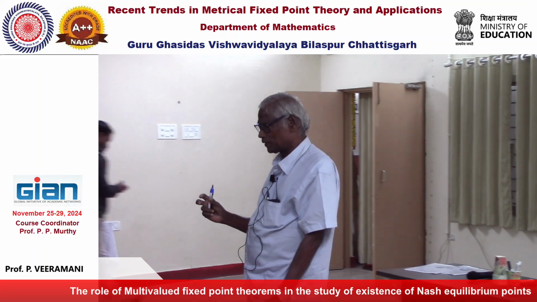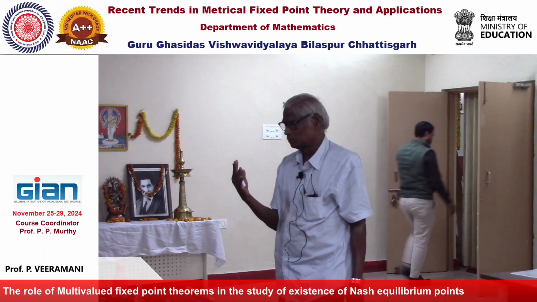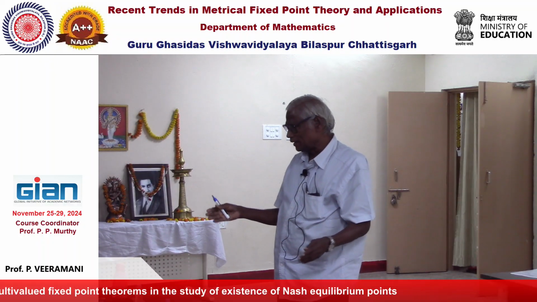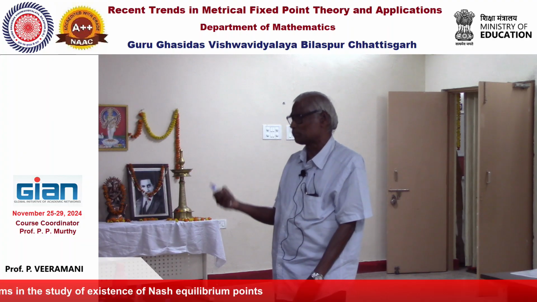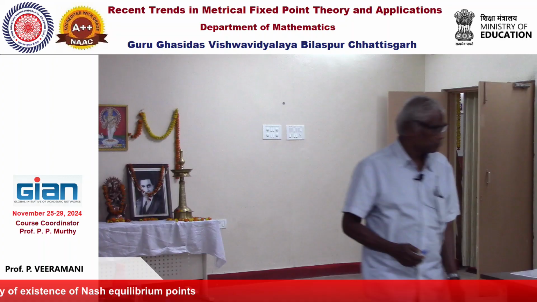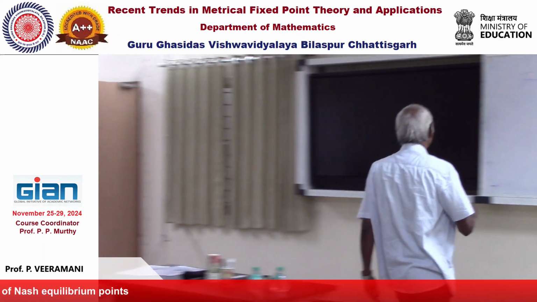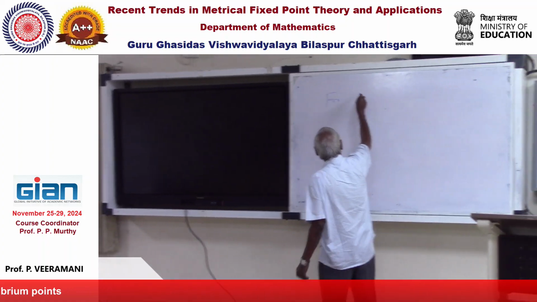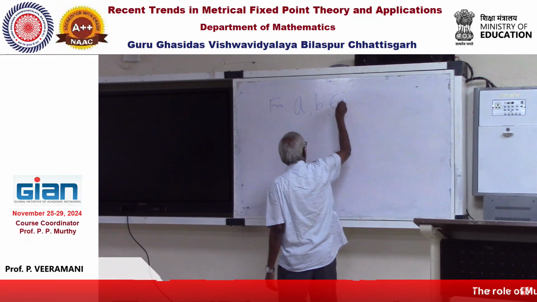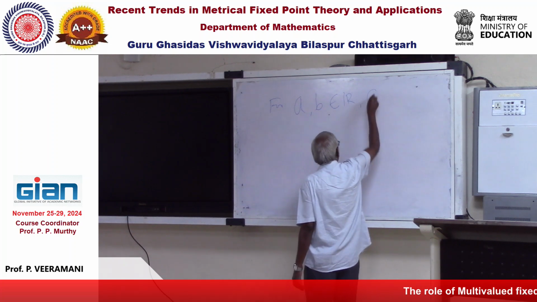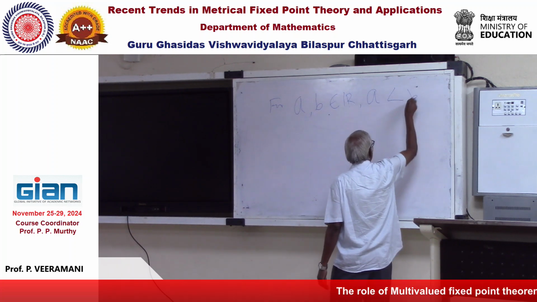Yesterday we saw only two players. More generally any number of players, but we will restrict to a finite number of players. Okay. But before that, some questions. For a, b belonging to R, a strictly less than b.